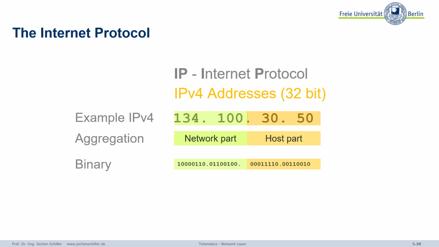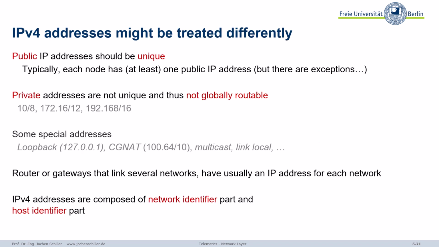We have different types of addresses. They all look the same with the 4 bytes, but the typical addresses are our public IP addresses, and they have to be unique. That's the vast majority of the addresses, so unique public addresses. Typically, all the nodes in the internet have to have at least one public IP address.